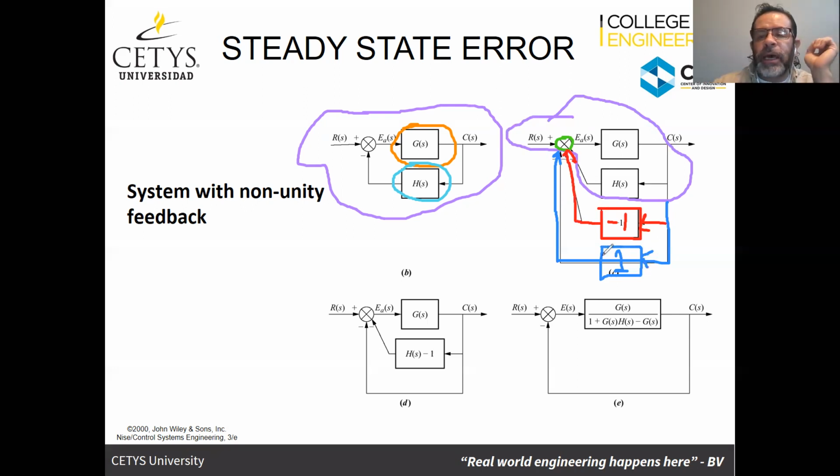I'm just adding a 1 and subtracting a 1, so I'm really not modifying the system. Now I can grab these two and add them algebraically, because they're going into the summing point. I can add these two and it's equivalent to this box that I've got here.